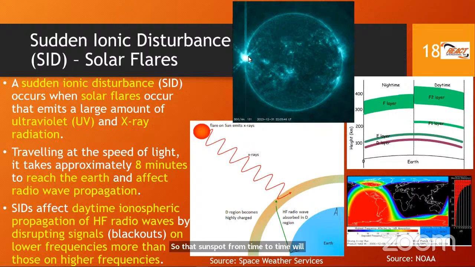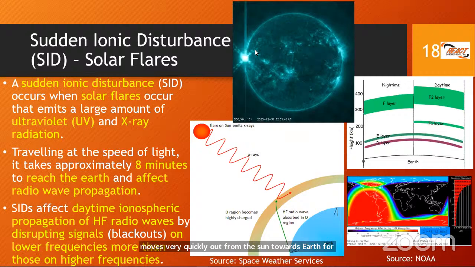Now a solar flare is radiation. You see it here showing up as a bright light, but it's ultraviolet and X-ray radiation, and that moves very quickly out from the sun towards Earth, for example, and it actually gets here on Earth in about 8 minutes.